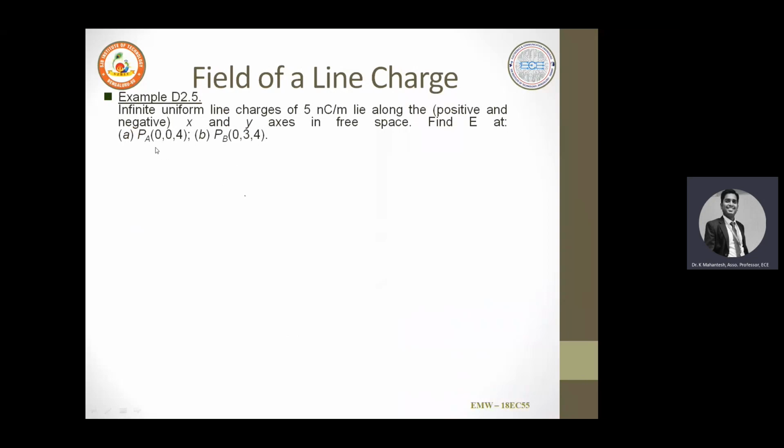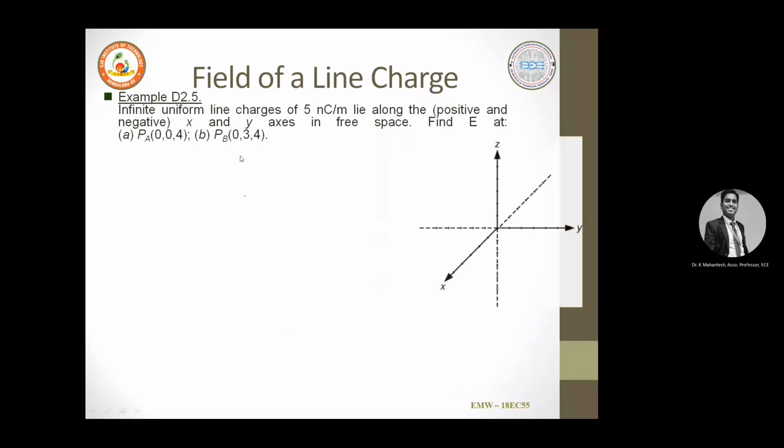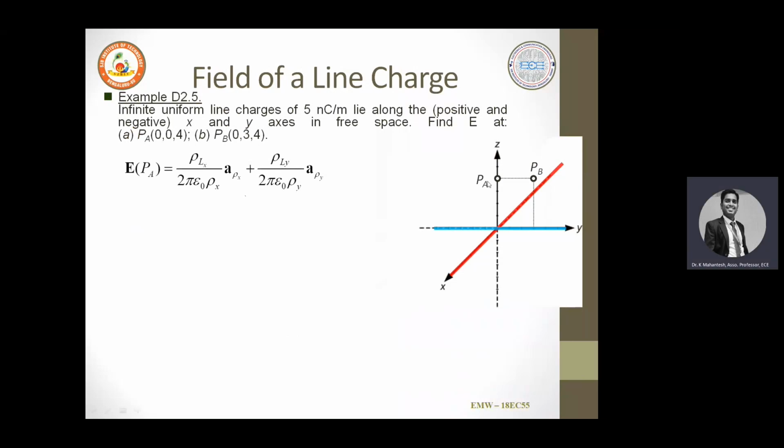Find the electric field at the points PA and PB. The given line falls along the positive and negative x and y axis, so this appears to be the line, and the two given points PA and PB are located as given in the figure.